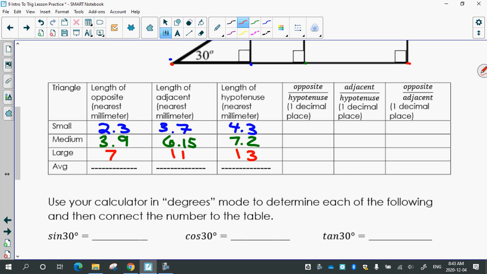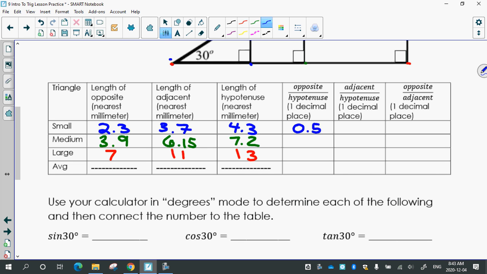Now it wants us to divide, for the small triangle, the opposite divided by the hypotenuse to 1 decimal place. So 2.3 divided by 4.3 is 0.5.